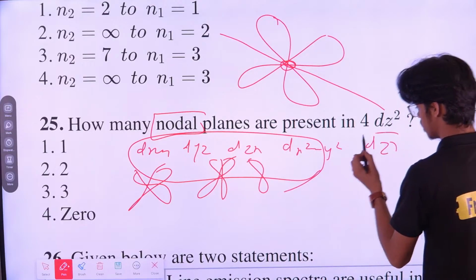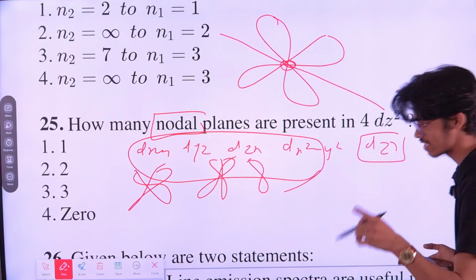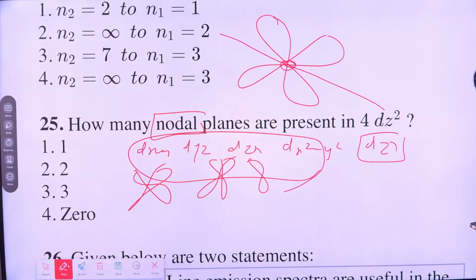But if you find the shape of dz square, this is an exception, note it down. What is the shape of this dz square? It looks something like this, and there is this.